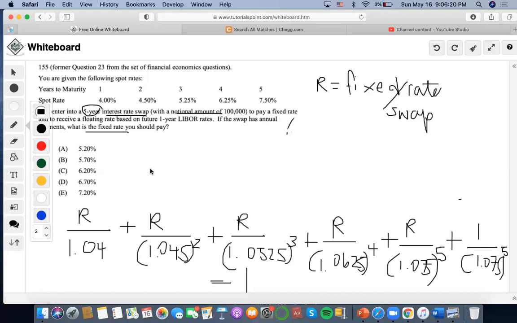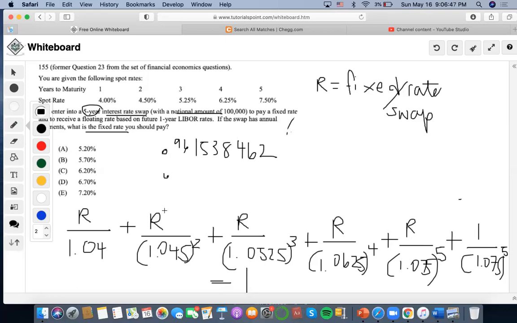So I'm going to take my calculator. I'm going to first do 1 over 1.04 and get 0.96. I'm just going to write out all the decimals for complete accuracy.